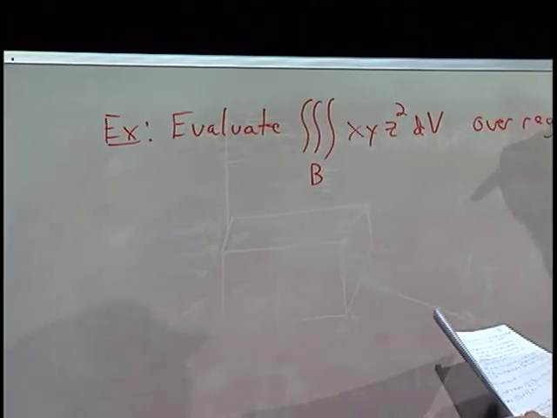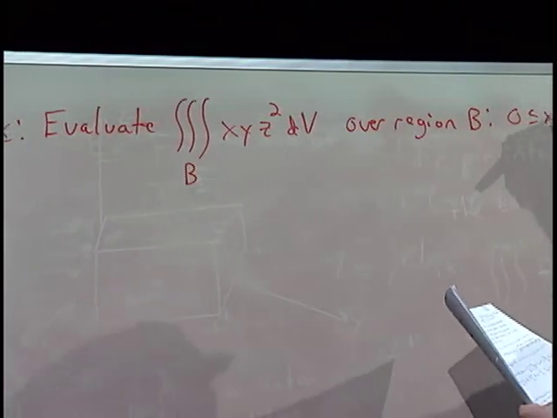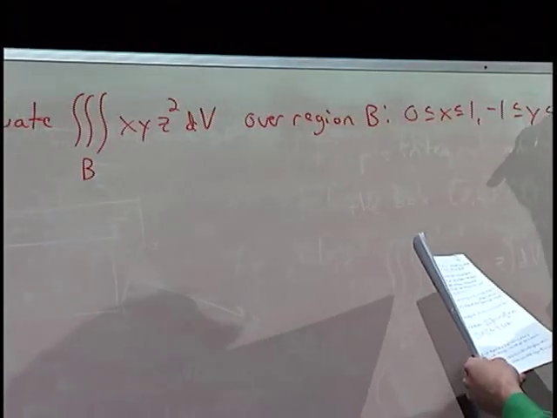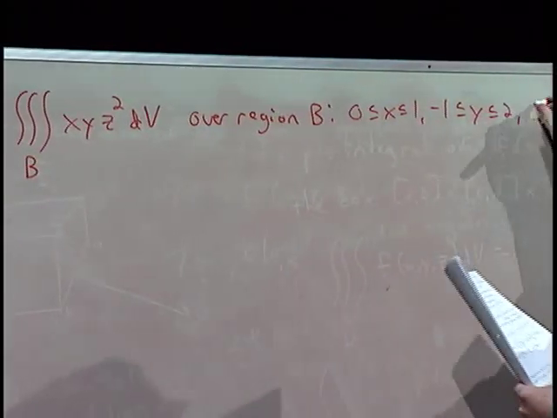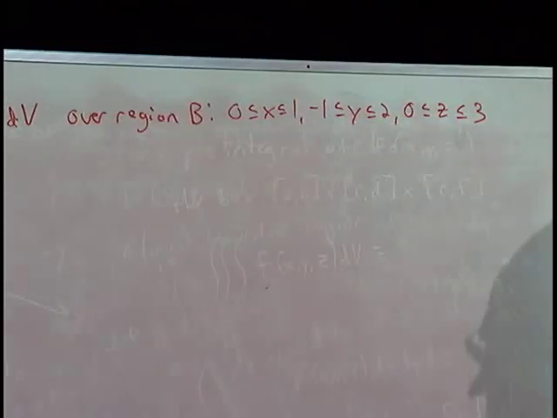And let's do it over the box region where x is between 0 and 1, y is between -1 and 2, and z is between 0 and 3. So it's a nice rectangular box region.